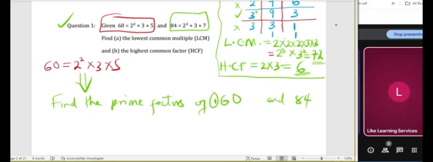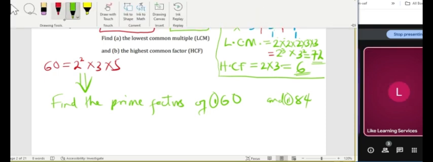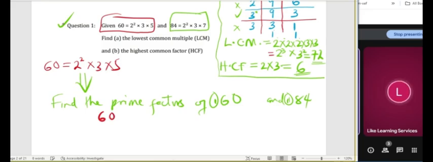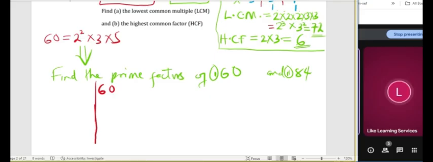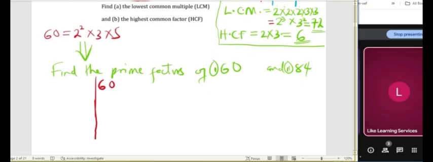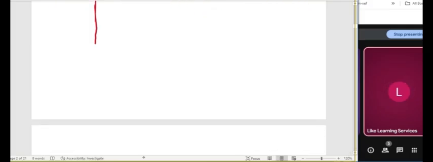Of 60, then of 84. You said you know how to do it. It's actually easy. You start dividing 60, starting with the smallest prime number. Yes, I remember. By the way, what are prime numbers? I think we need to talk about what prime numbers are.